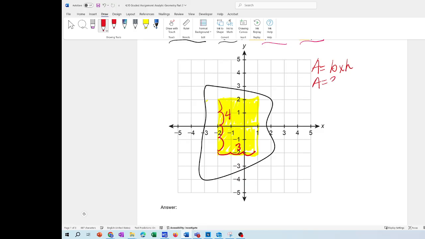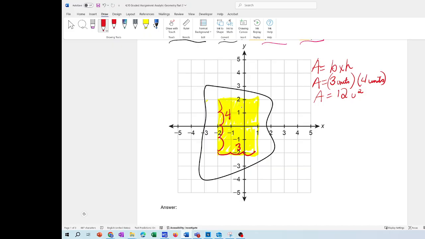The base is 3 units times 4 units, right? This one doesn't specify centimeters or meters, but we're just going to put square units. So area equals 4 times 3, 12 square units. Okay, so I already calculated the area of this part.